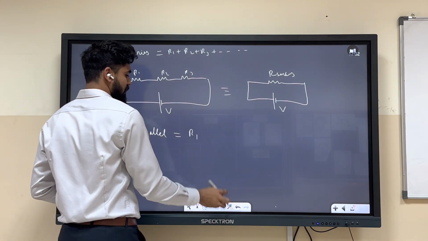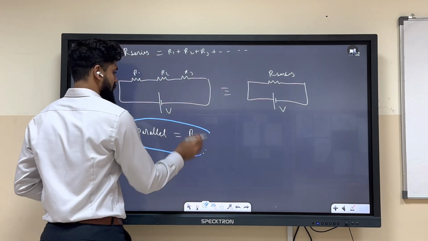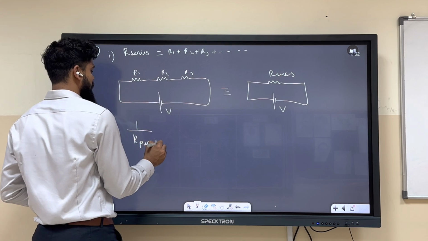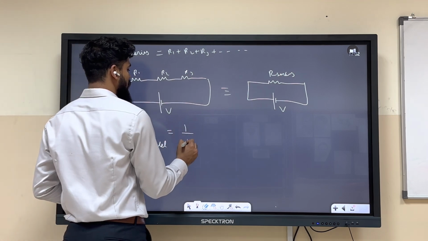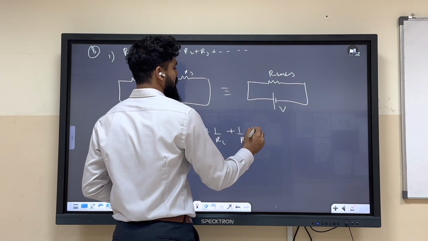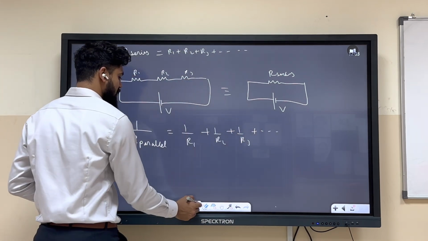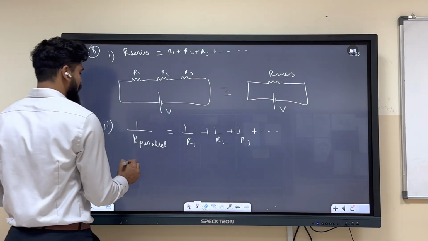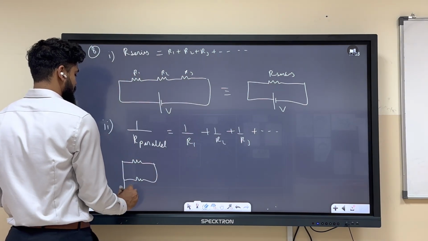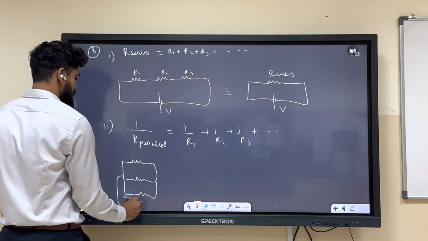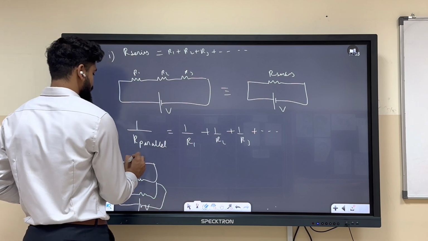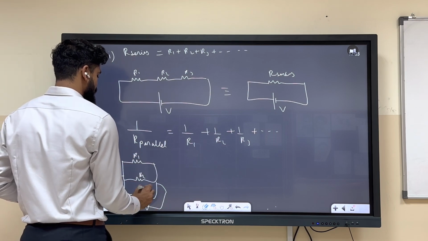it will be, tell me, 1 upon R parallel, something that you already know from grade 10. And so on. Correct? What picture do you want? You want this picture. This is V, R1, R2, R3.